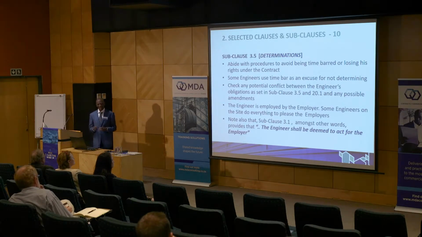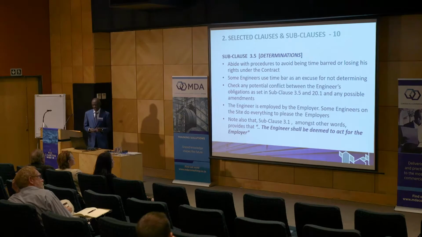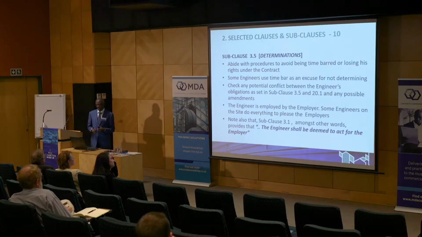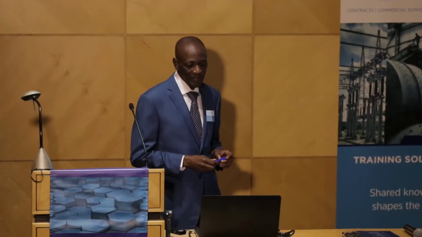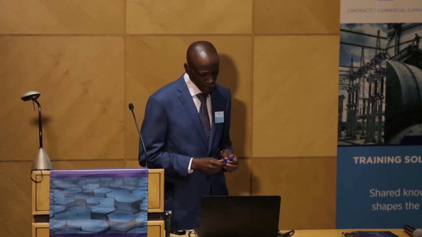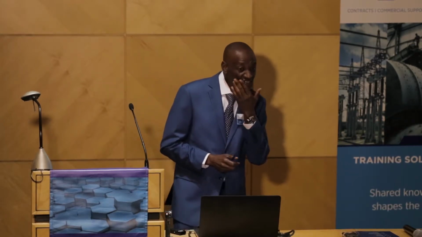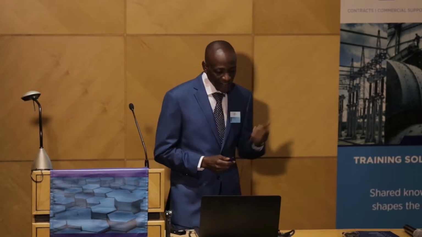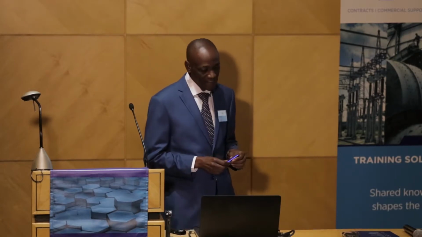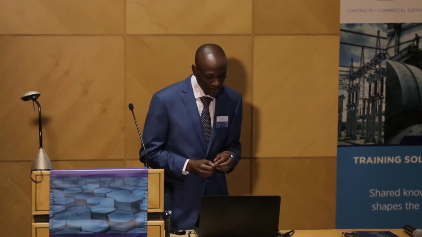With regard to the contractor, in order to make sure that his claim is successful, he is supposed to abide by all procedures which are laid out there. There are time bars, which have been a big problem, because I've seen some engineers use the time bar as an excuse for not determining the claim.